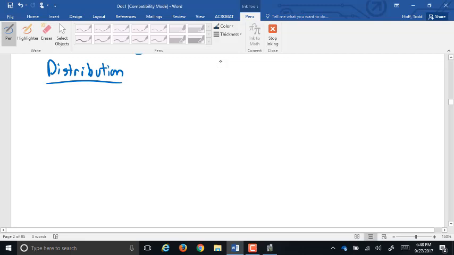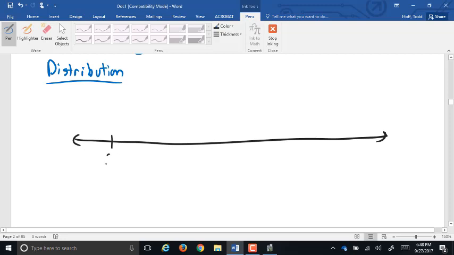The simplest distribution I can come up with is a dot plot. And what a dot plot is, it is just a number line that covers the range of the data. Let's say that on this last test, we had scores ranging from 60 up to 95.